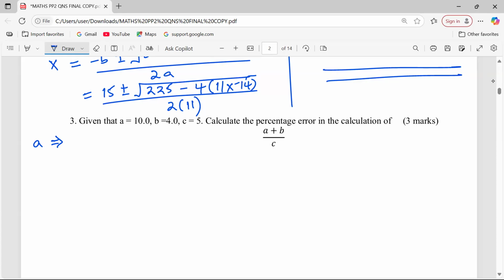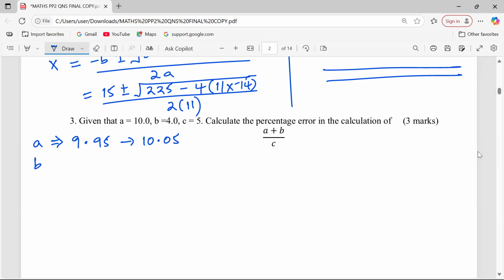When the accuracy is 0.1, the absolute error is when we take the accuracy divided by 2. So 0.1 over 2 is 0.05. So we take 10 and we minus this error. We're getting 9.95 up to 10.05 when we add the error.